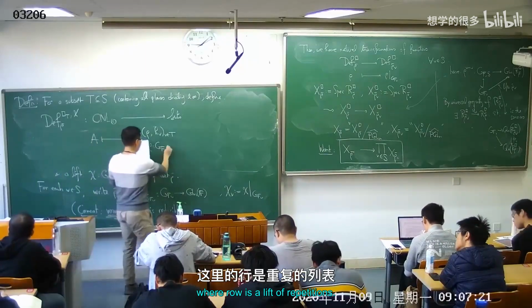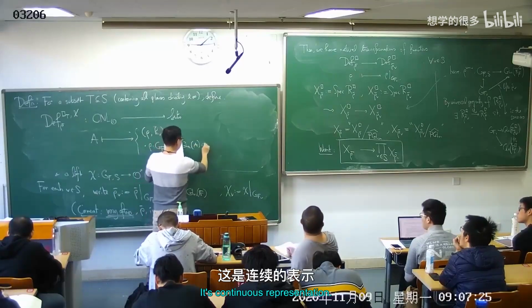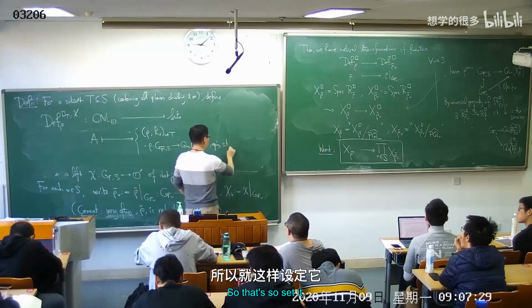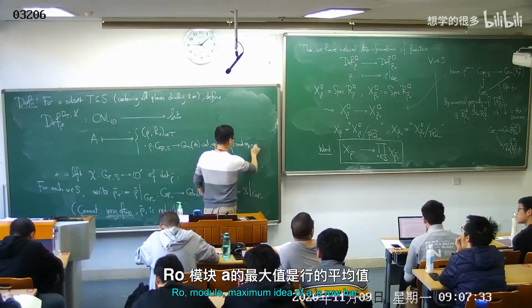Where rho is a lift of representations. It's a continuous representation such that rho modulo the maximal ideal of A is rho bar.